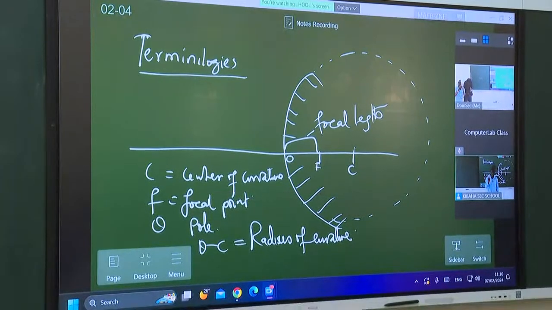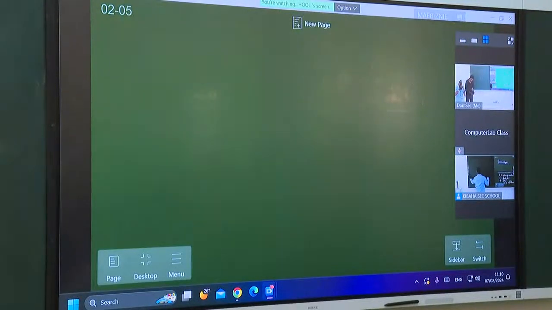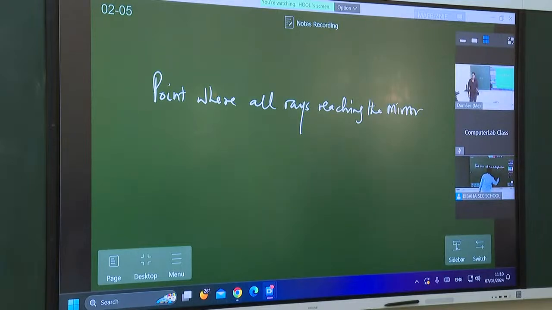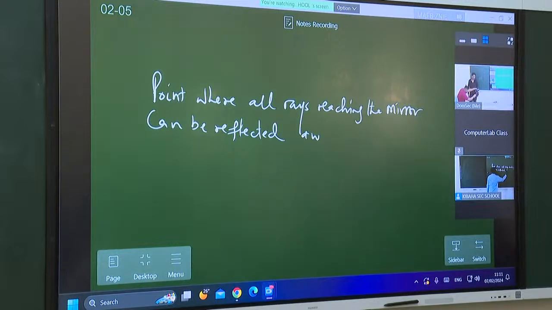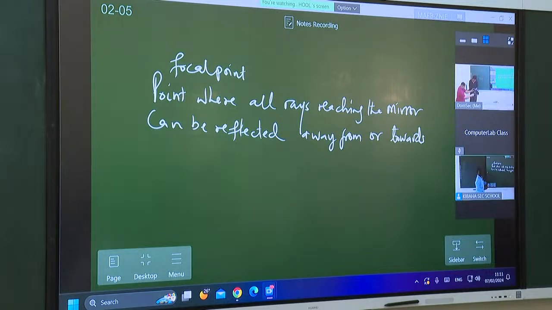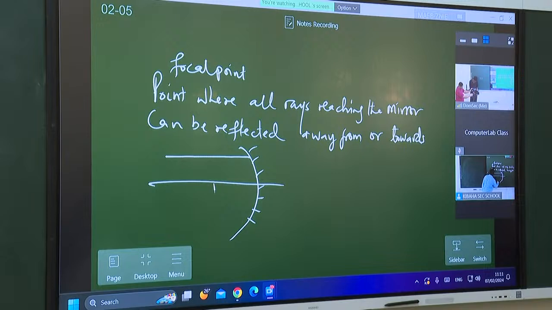Away from, which means that if you have a convex mirror, so our definition here tells us that if you have a concave mirror like this, then light falling on it must pass through the focal point after reaching the mirror.